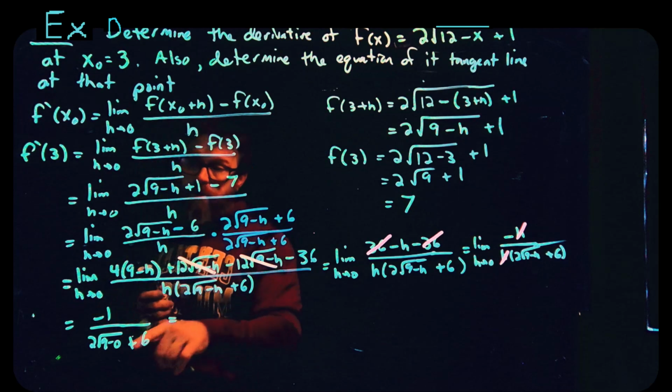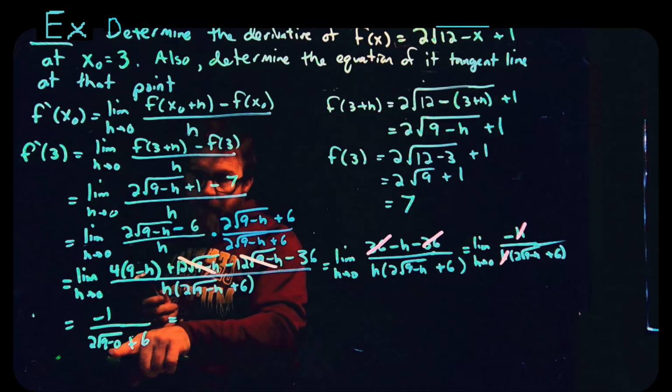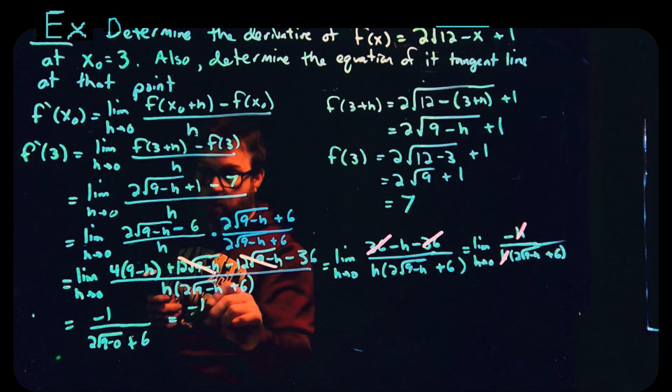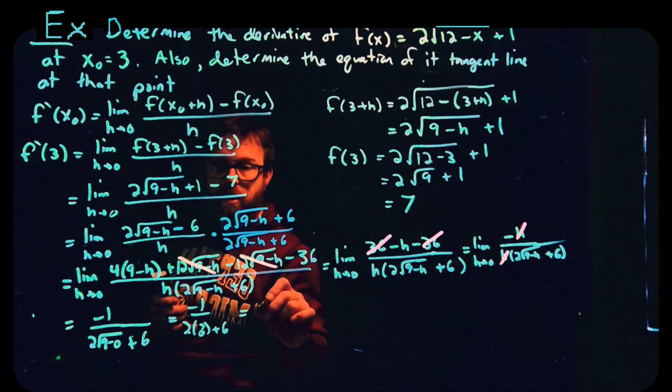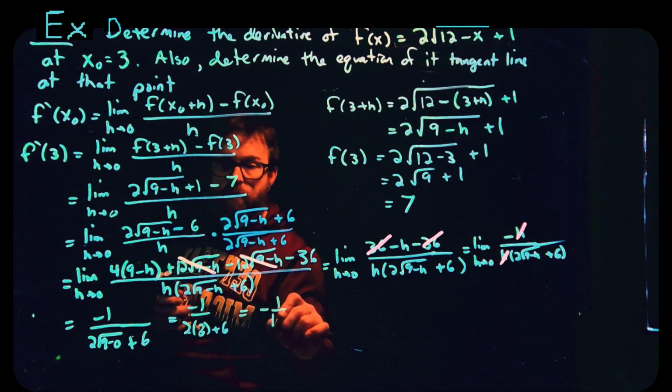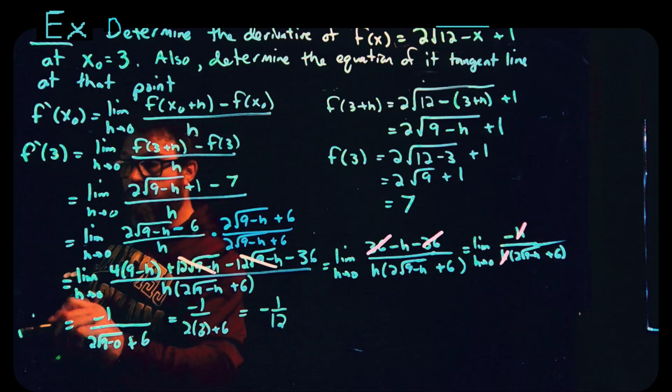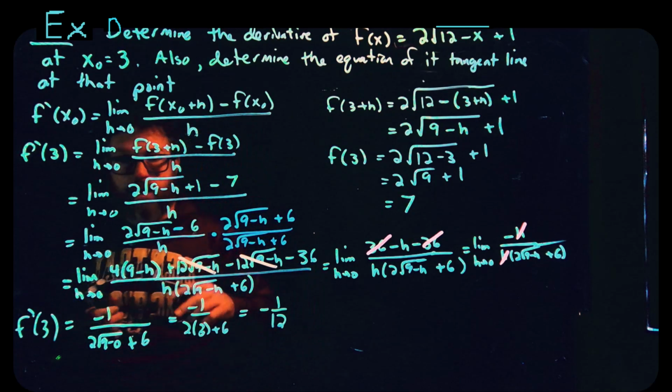Simplifying this is going to be just root 9, which is going to be 3. So negative 1, this is going to be 2 times 3 plus 6. So this is going to be equal to negative 1 over 12. And that right there is our derivative at 3.